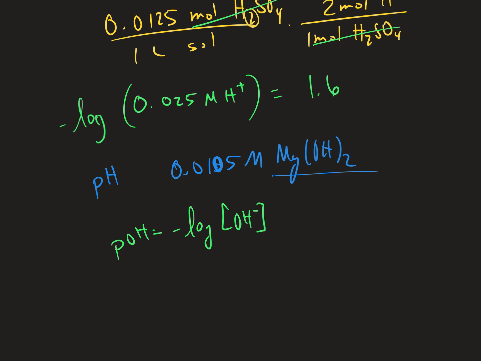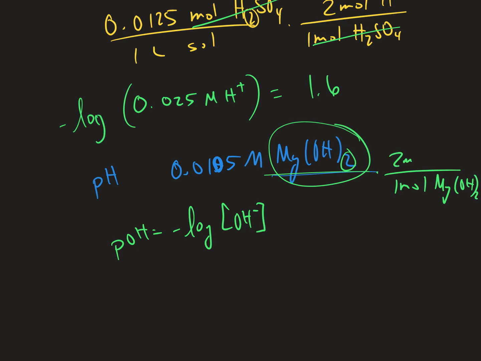And what's the ratio? For every 1 of these, we have 2 of those, right? So we got 1 mole of magnesium hydroxide for every 2 moles of hydroxide. And again, we can just say this is moles per liter, right? So we multiply that by 2.